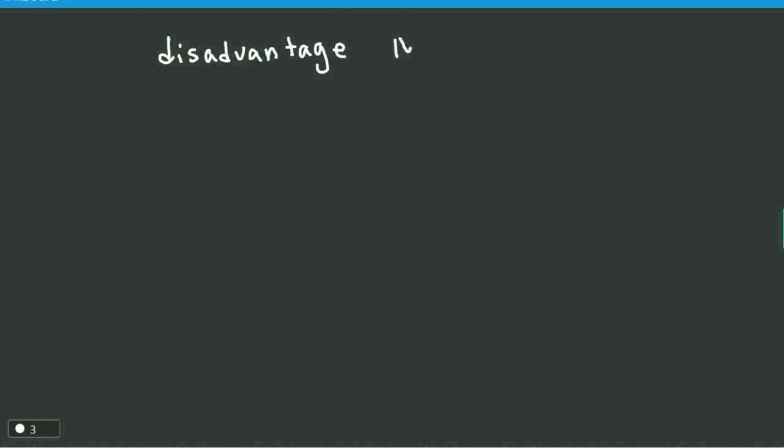Disadvantage of M&A, and owing to this disadvantage, you will adopt greenfield. Oh, sorry, greenfield FDI.